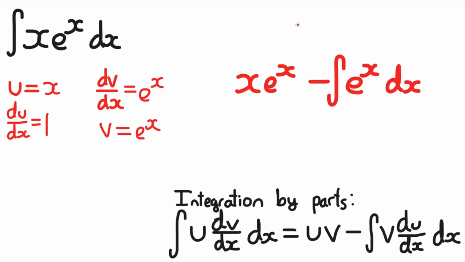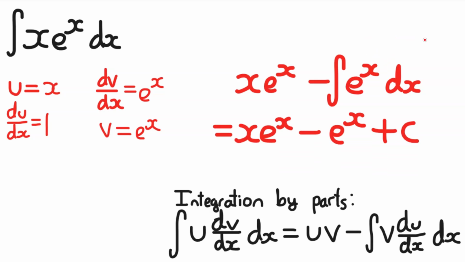So it's going to be minus the integral of e to the power of x dx. And we can simplify this because, as we've already said, when you integrate e to the power of x, it's still just e to the power of x. And remember this plus c on the end. So this is the answer here: the integral of x e to the power of x is equal to x e to the power of x minus e to the power of x, and then remember the plus c.